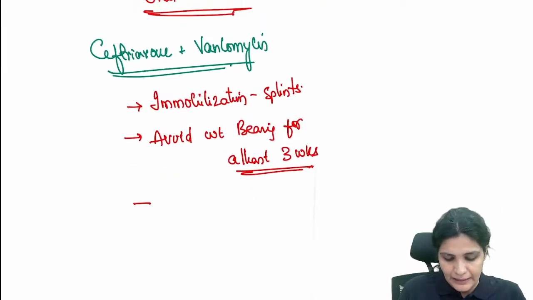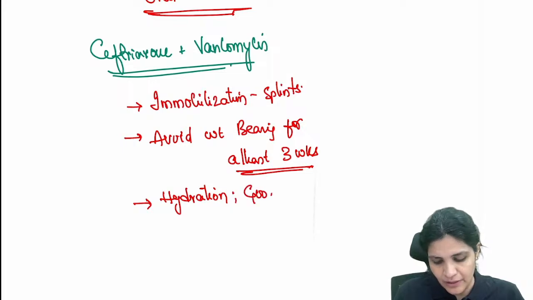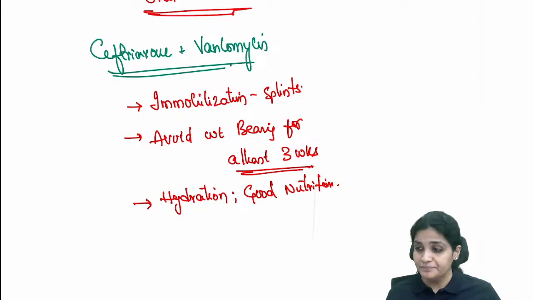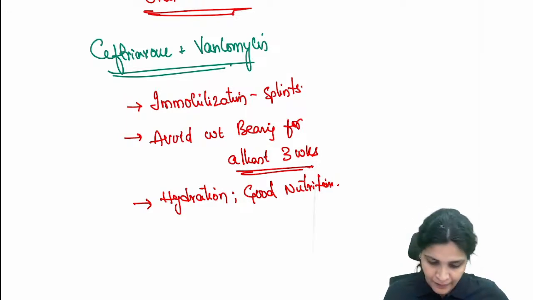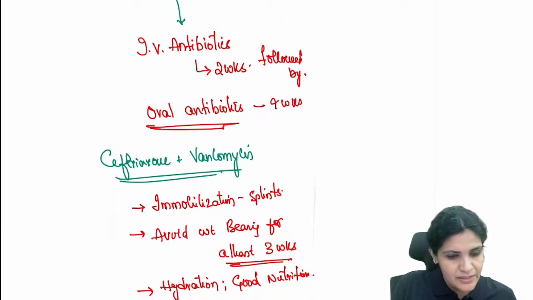And hydration is very important for patients, and don't forget good nutrition. In the treatment, first you follow the antibiotic protocol. So you treat with IV antibiotics for 2 weeks, followed by oral antibiotics, right? Oral antibiotics we give for 4 weeks.